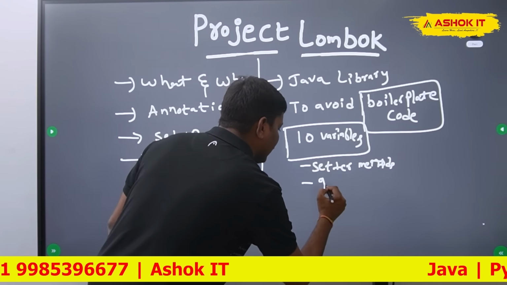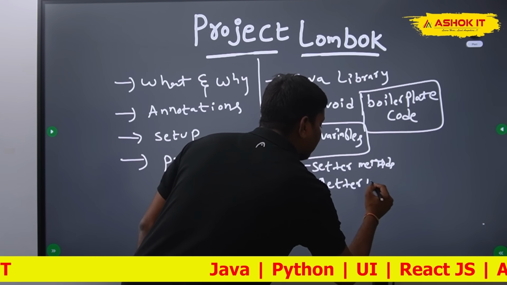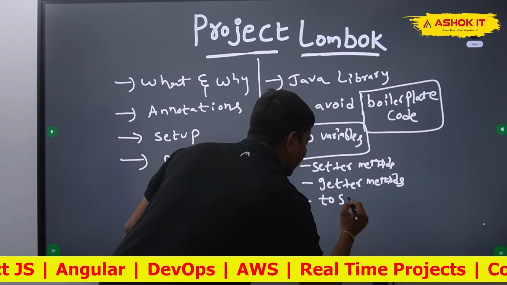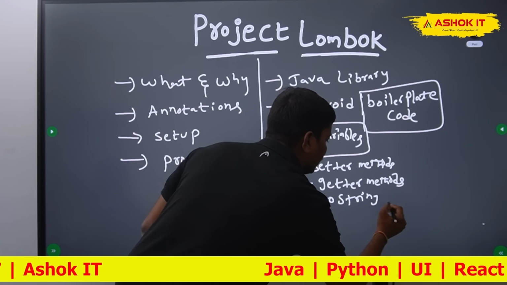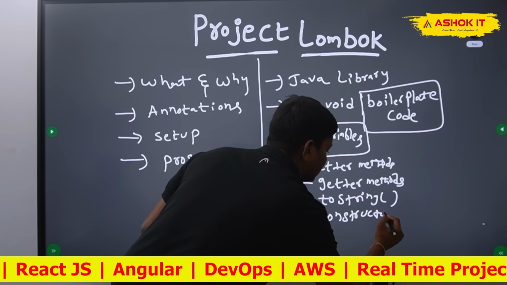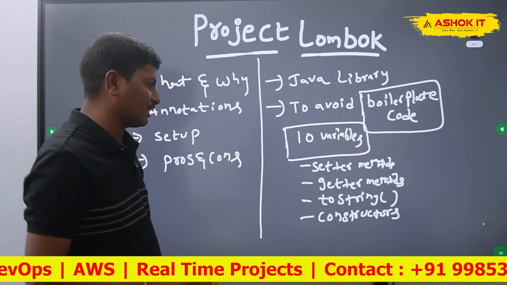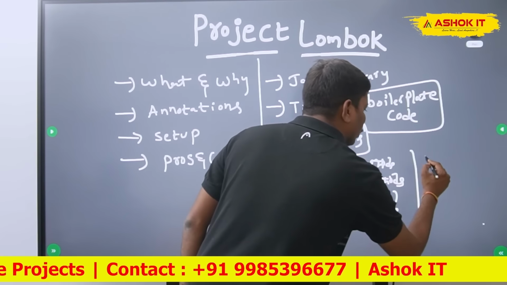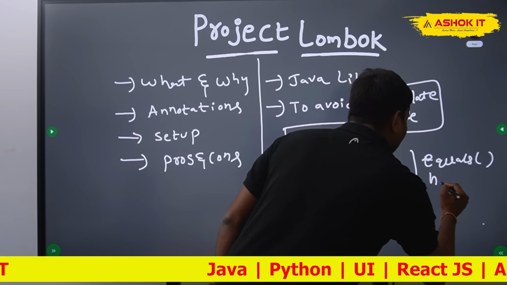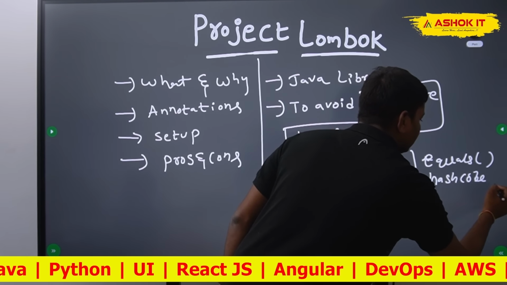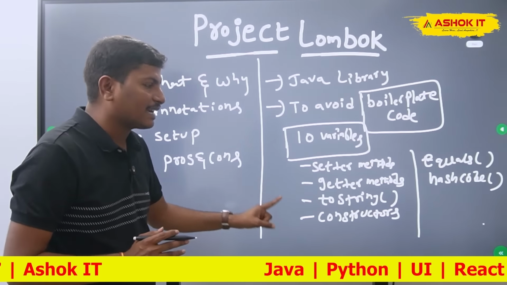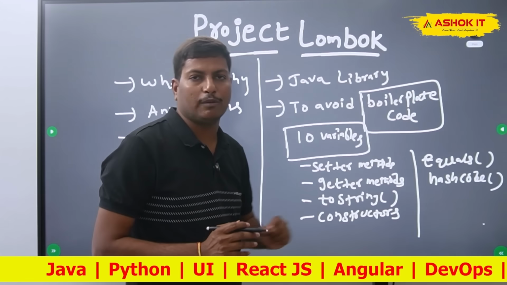To get the data from the variables, we are going to write getter methods, and we are going to write toString method to print the data which is available in the object, and we are going to write constructors to initialize the variables, zero param constructor, parameterized constructor, and to compare the objects we are going to override equals method, and we are going to override hashCode method like this. We are going to write setter methods, getter methods, toString method, constructors, equals method, hashCode method, etc.